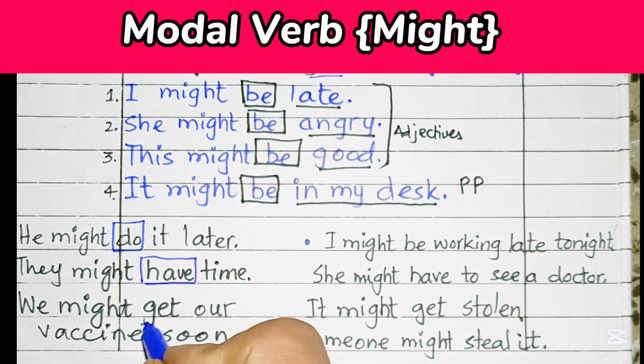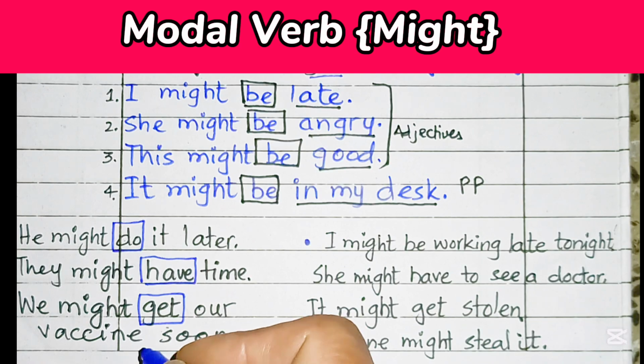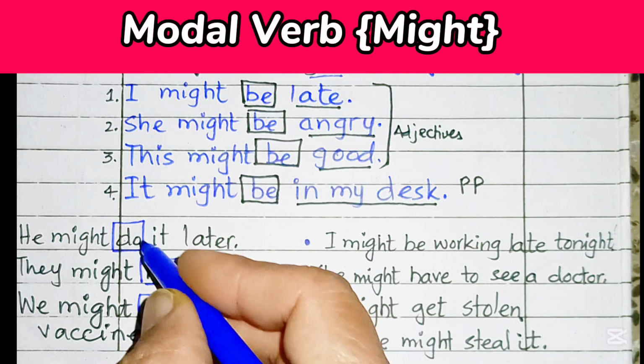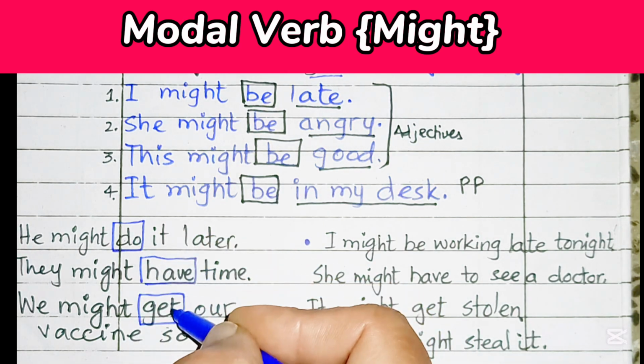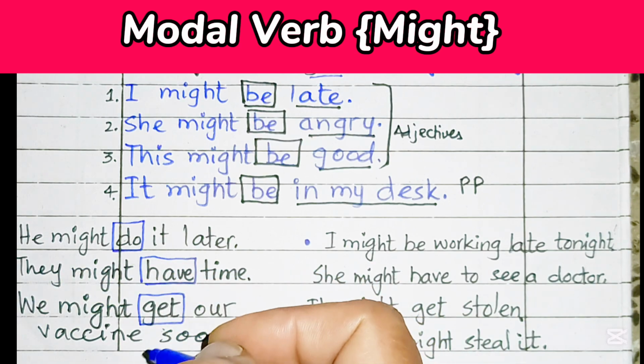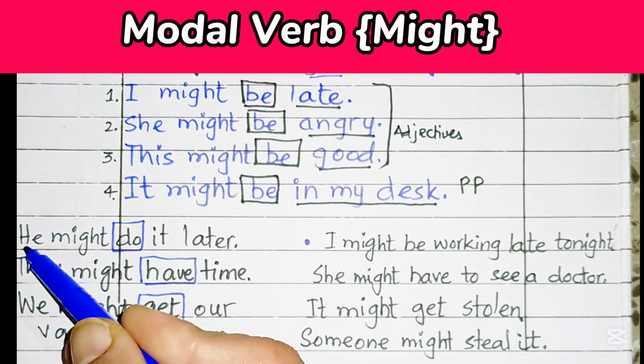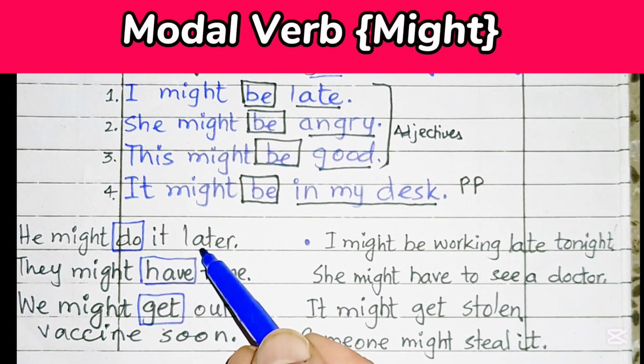And here is the main verb get. All these verbs, do, have, and get, are in the simple form or the first form of the verb.